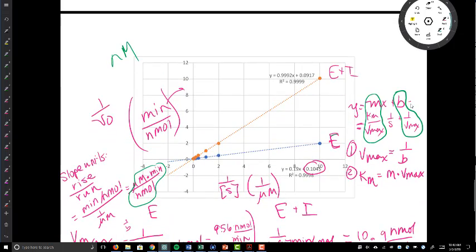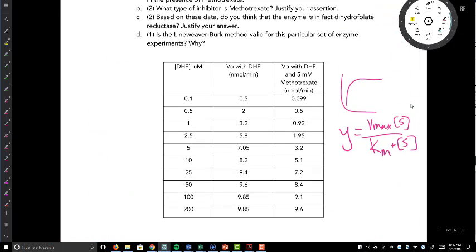Okay, so if we were to look at our data table here, if we look at the initial velocity with DHF, we can see it levels out around 10 nanomole per minute. So we're going to want to see a Vmax of around 10 nanomole per minute.